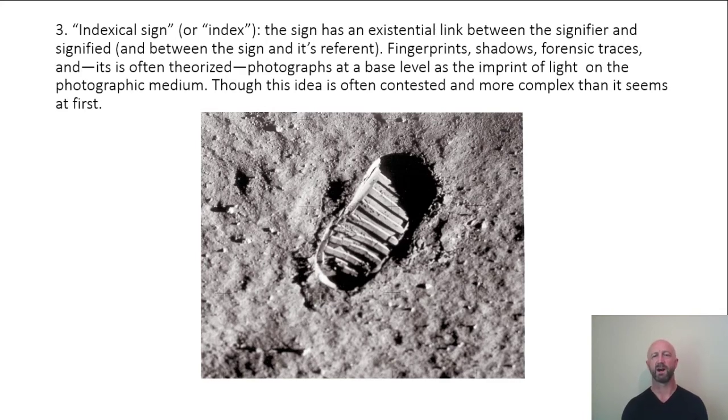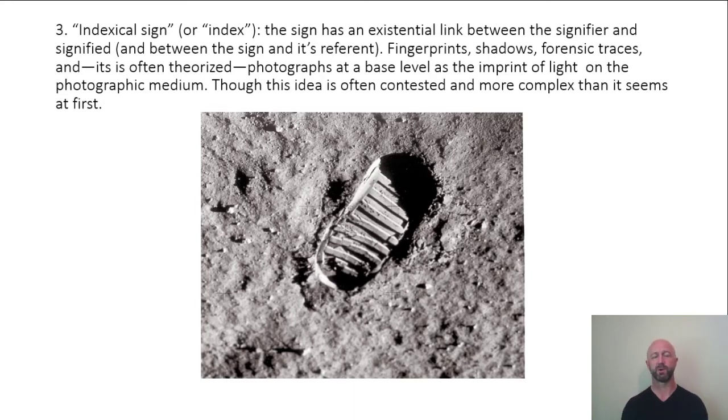Photographs, it is often theorized, are indexical traces of something that they represent. In other words, as I will talk about in the first lectures, a photograph is, at least in the old mechanical process of filmic technologies or photography that used some kind of photographic medium, whether it be film or sensitized paper or sensitized metal plates, the image itself is caused by light actually passing through an aperture and touching that photographic medium, imprinting it with light, right?